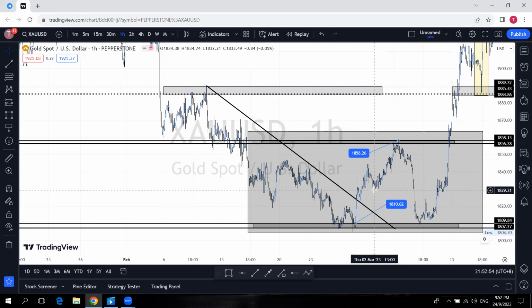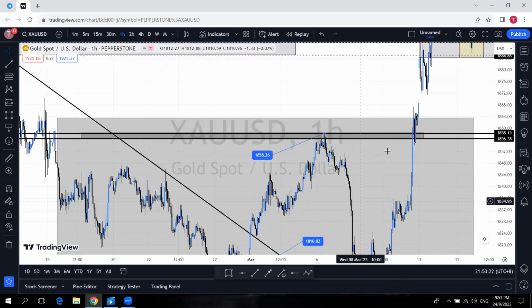Sometimes when you draw a trend line too close to a certain price, you see that the price has broken through the trend line, and you think, I'm going to take a long position. But in fact, if you zoom out and you take the trend line much wider, you can find more precise places for you to take your entries. So this is the reason why I wanted to do this.